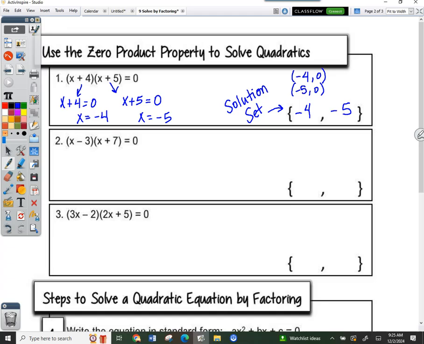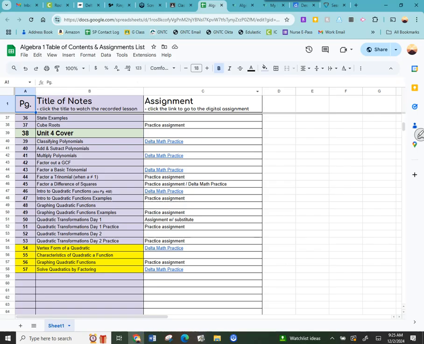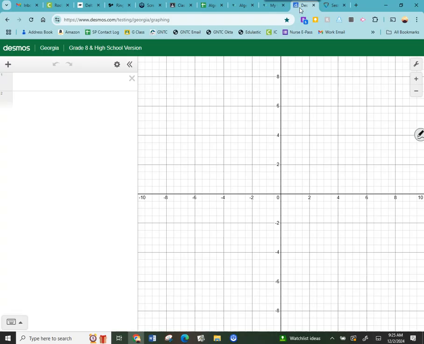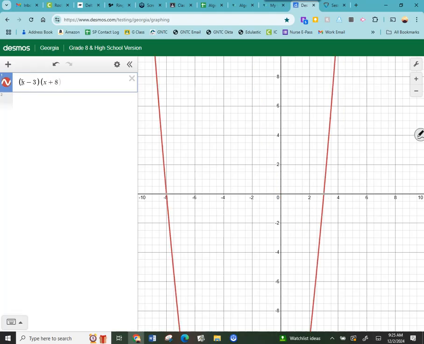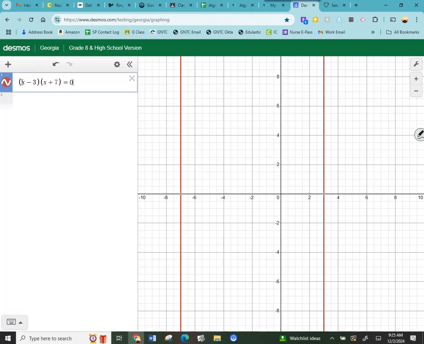So looking at the next one, x minus 3 times x plus 7 equals 0. If I was going to solve this, I could use the zero product property, or I could go to Desmos and type it in. x minus 3, x plus 7, equals 0.